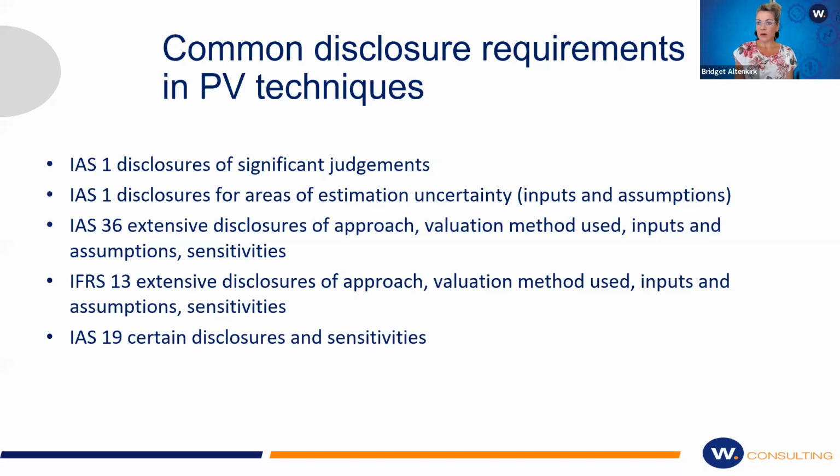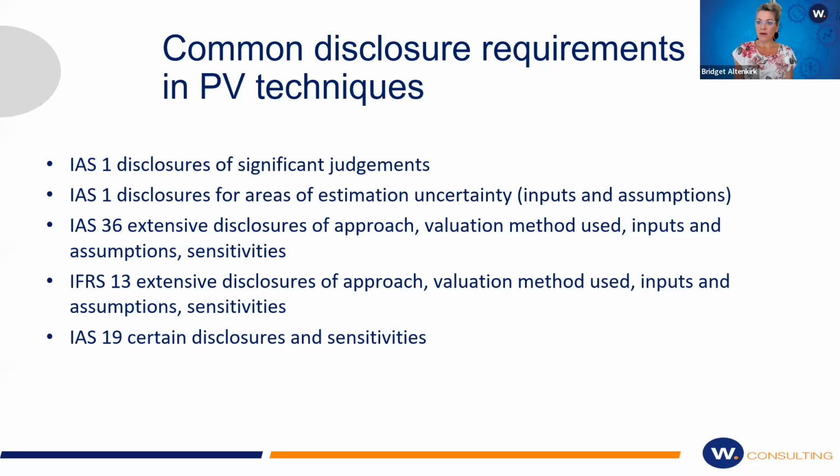Similarly, if there are any areas of estimation uncertainty, so where perhaps management has had to develop an estimate in order to do their financial reporting, if that is considered to be significant, the inputs and the assumptions which were used by management in developing that estimate, those need to be disclosed in the financial statements. So that is an overarching disclosure requirement from IAS 1 with regards to significant judgments and the inputs and the assumptions where there is estimation uncertainty.